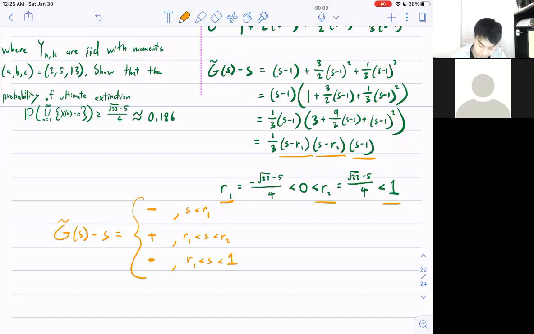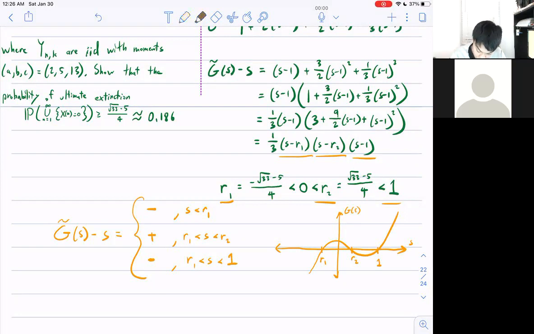So basically, because this is a degree 3 polynomial, you can clearly see by this kind of rule right here how g of s actually looks. Well, we have R1 somewhere here, R2 somewhere here, and then 1 somewhere here, right? So we have negative, positive, negative, positive again.